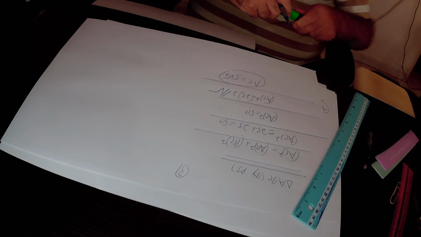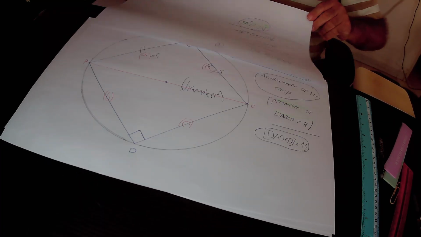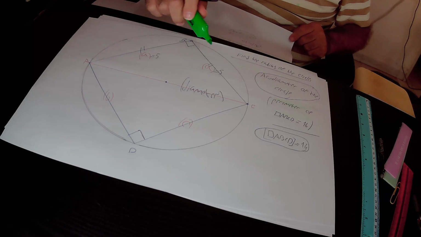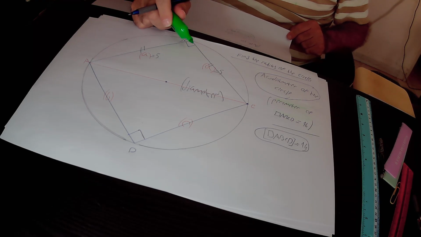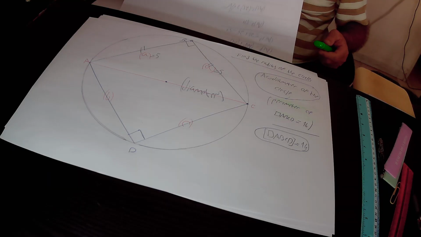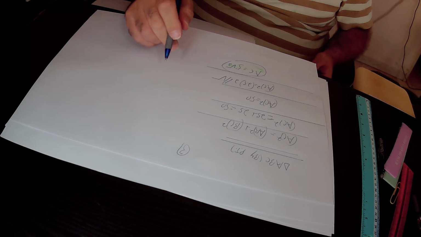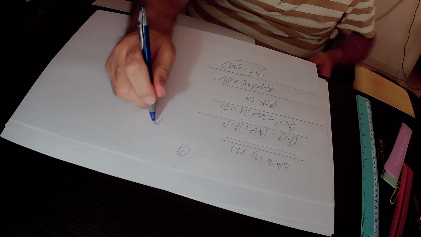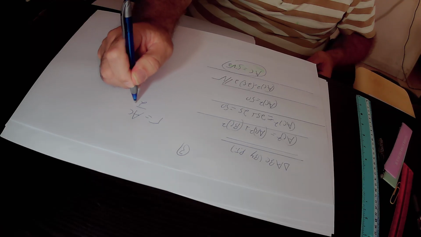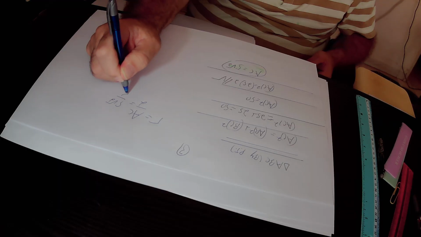So we found out that the length of the diameter of this circle, AC, is equal to 5 times square root of 2 units, and the radius R, the value that we are looking for in this question, equals the diameter AC over 2. That is to say, 5 times square root of 2 over 2.